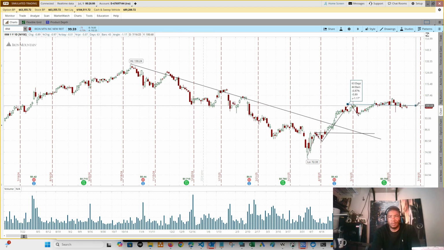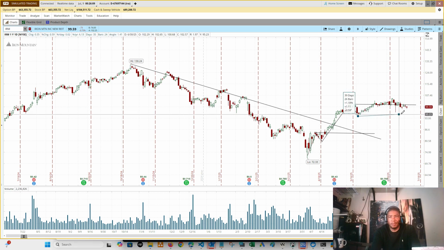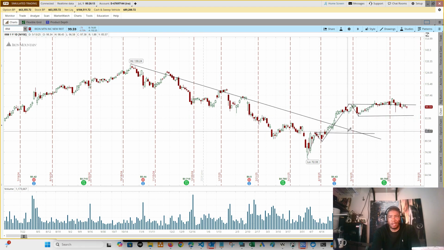Now it's here. It hasn't really broke above this, but it's just trying to figure out what it wants to do now. And it's not exactly bullish right now.